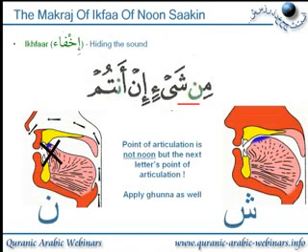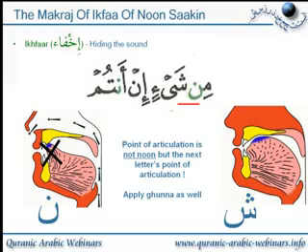So what we're going to do here, we're going to look at the makhraj to emphasize what we just said. We're looking at the example we did before, which was min shay'in. So we're going to do the min with the ghunna, plus we're getting our tongue ready for the articulation of sheen instead of the noon.